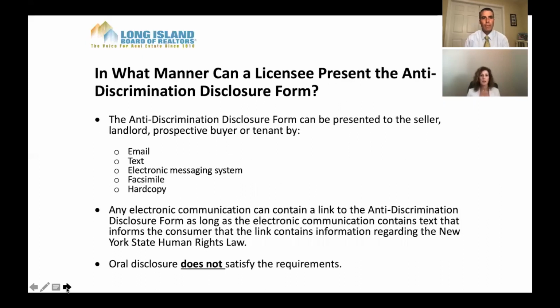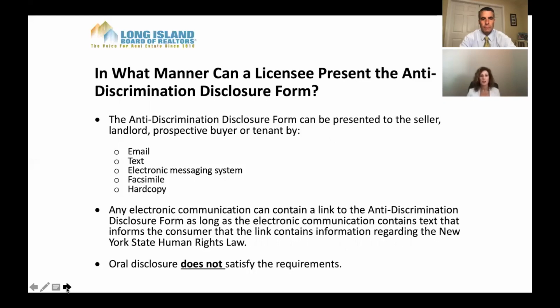In what manner can a licensee present the Anti-Discrimination Disclosure Form? The Anti-Discrimination Disclosure Form can be presented to the seller, landlord, prospective buyer, or tenant by email, text, electronic messaging system, fax, or hard copy.